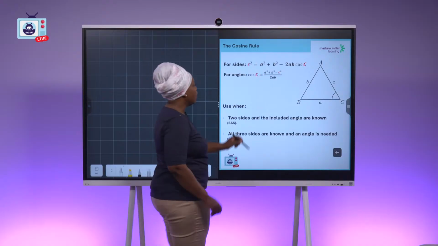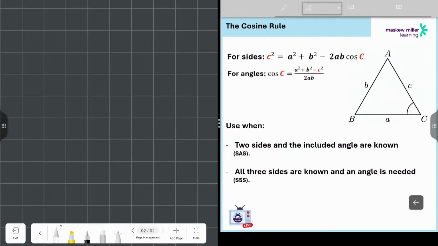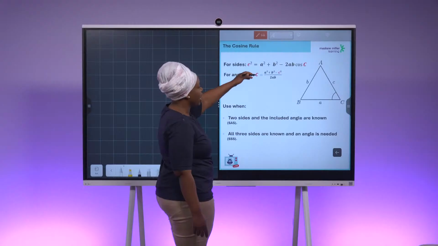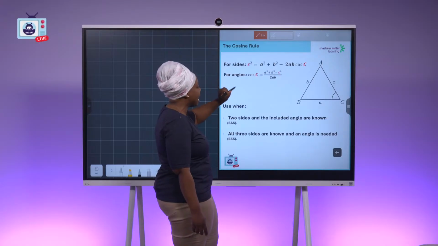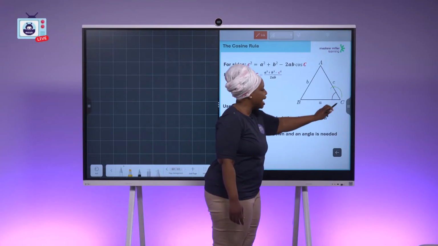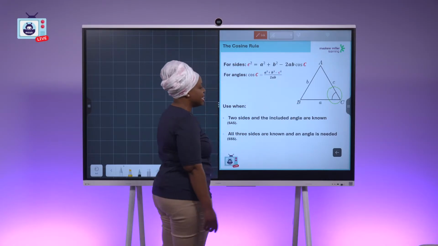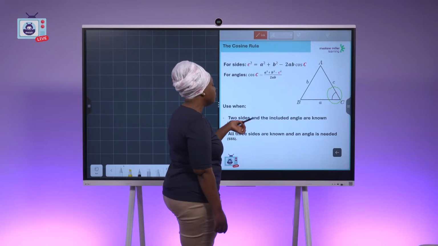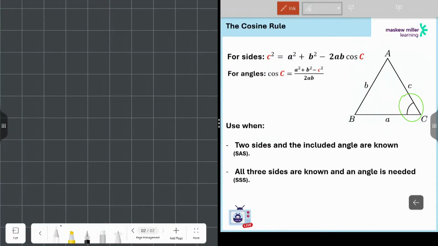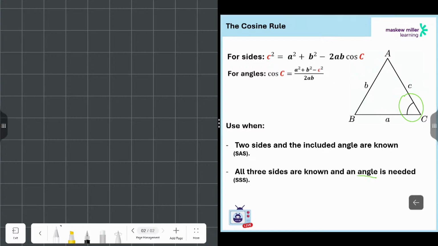To recap, this will also be in your formula sheet, but you need to remember that for a triangle ABC, when you are dealing with the cosine rule, you need an angle or you need 3 full sides. If one angle is not given and you are given 3 full sides, that simply means you will be looking for the angle.